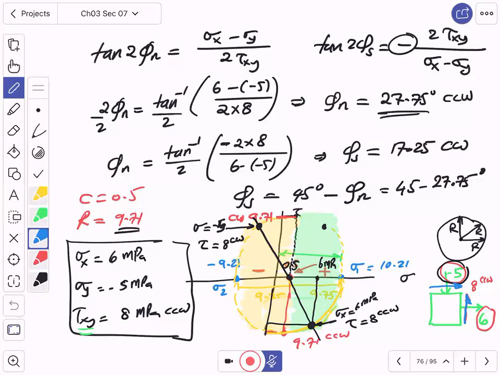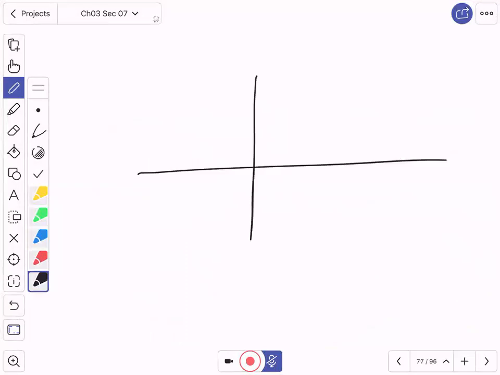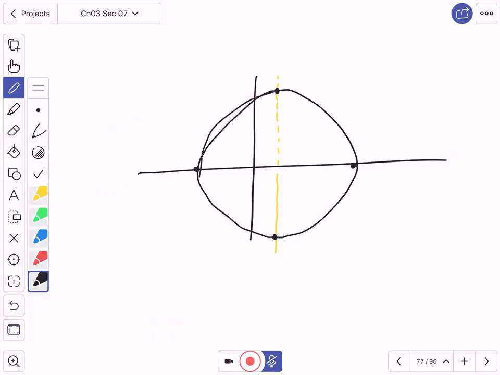In short, if I draw it again to make sure you understand, the center of the circle is located here. The circle will intersect point here, and point here, and point there. These are the values of maximum. And it will make a circle like this, okay?